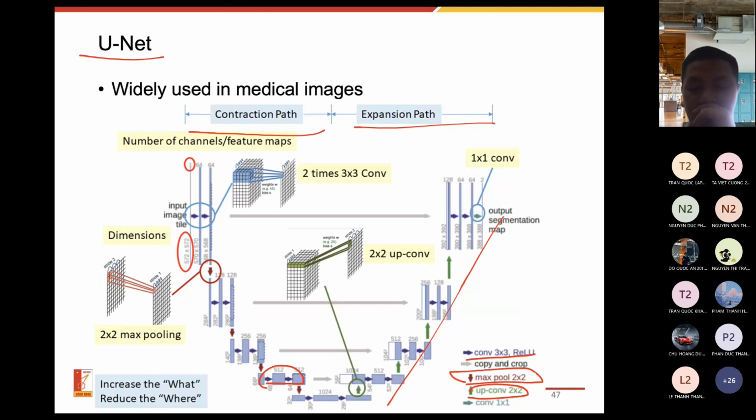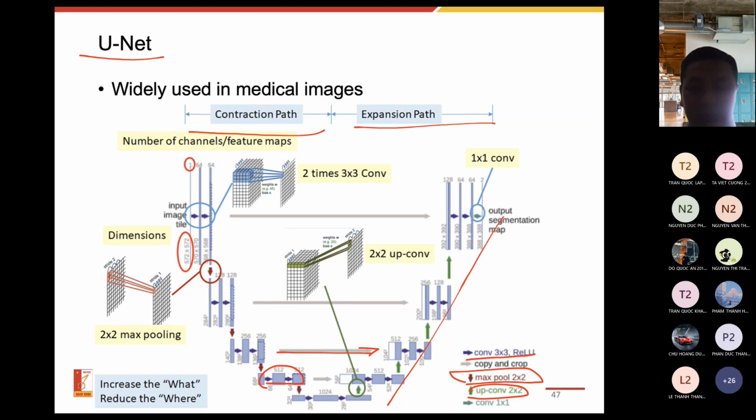So because the size of the output after the upsampling here and the corresponding activation map in the contraction part is different, on the way you do the shortcut, you need to crop to make them the same size.